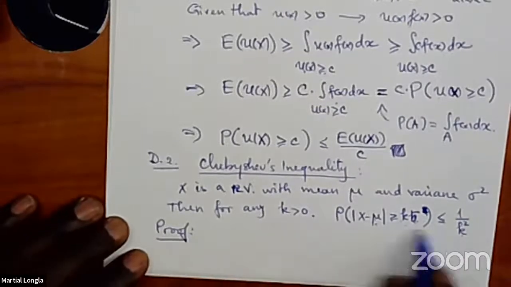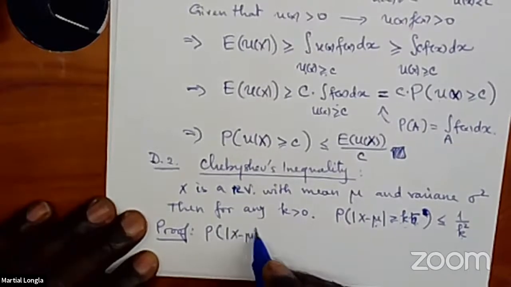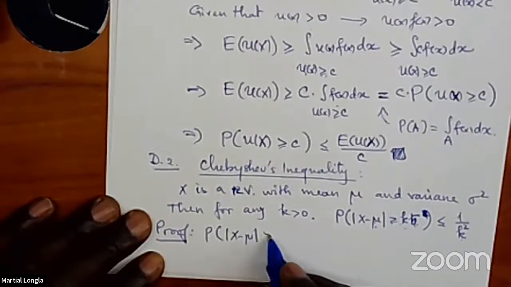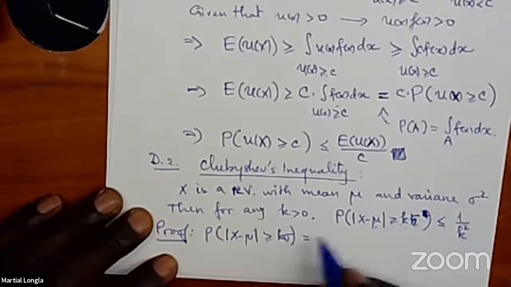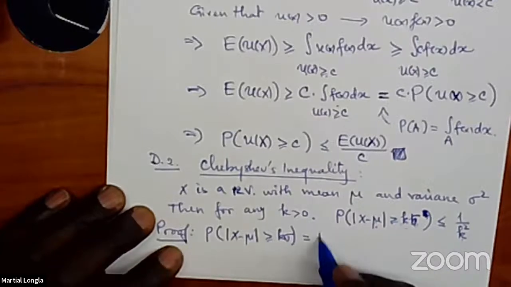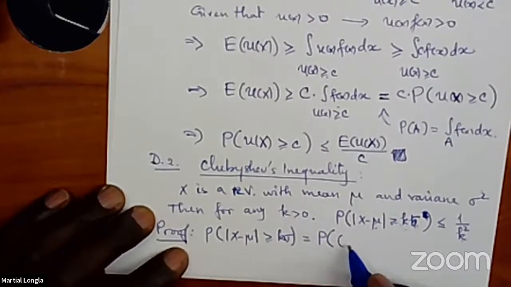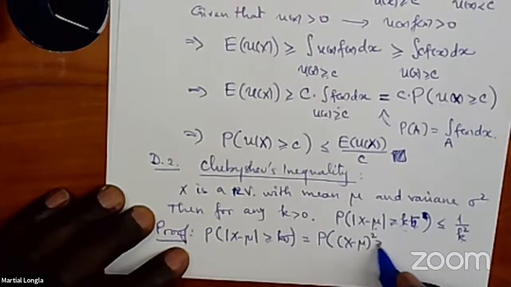You can just turn this thing and say it's equal, because these two numbers are positive, you square them. It's equal to the probability that x minus mu squared is larger than or equal to k squared sigma squared.